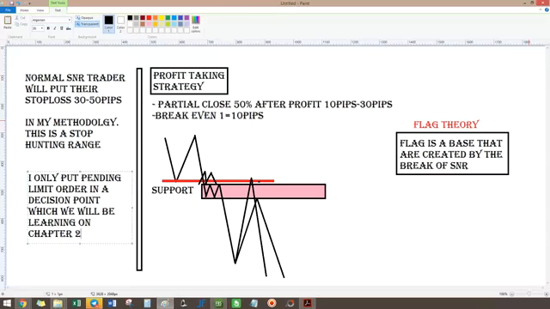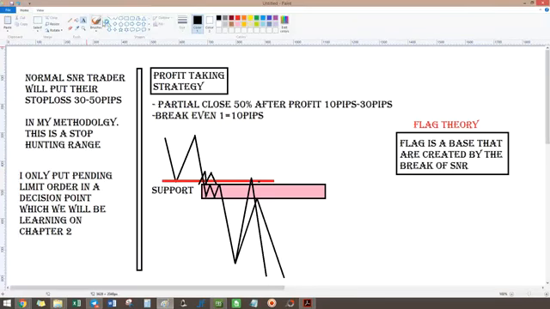Keep this in mind because I'm not going to repeat it again. We will only use a pending limit order at a decision point.